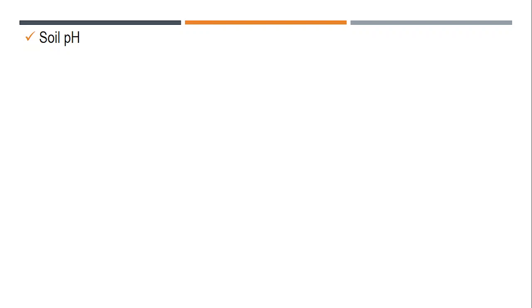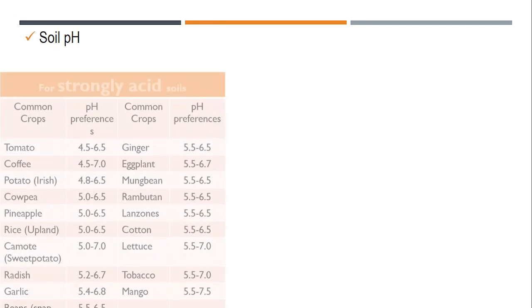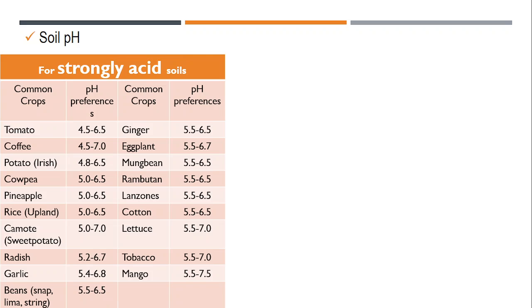So, tignan natin yung mga crops and their pH requirements. So, this is based from the STK Green Book. Okay, for the strongly acid soils, ito yung mga common crops that can thrive. We have the tomato, coffee, Irish potato, cowpea, pineapple, upland rice, the sweet potato, radish, and so on.